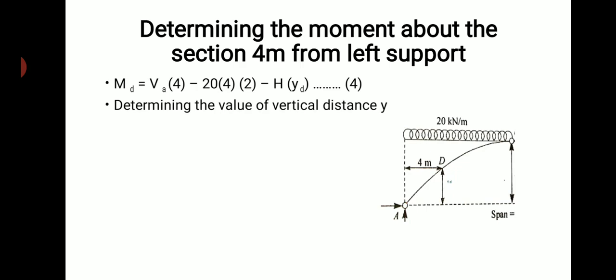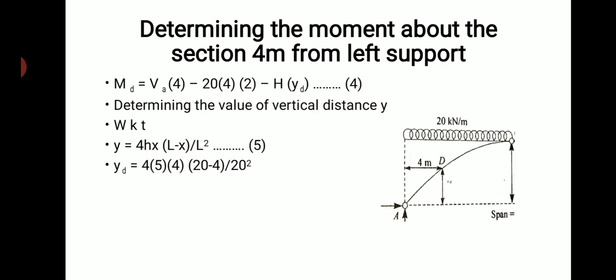The given arch is parabolic in nature. Therefore, we know that for a parabolic arch, the expression for y is equal to 4hx into (L minus x) divided by L square. That is the expression for the rise height in case of the parabolic arch. Here, h is the total height of the rise from the support level to the crown.